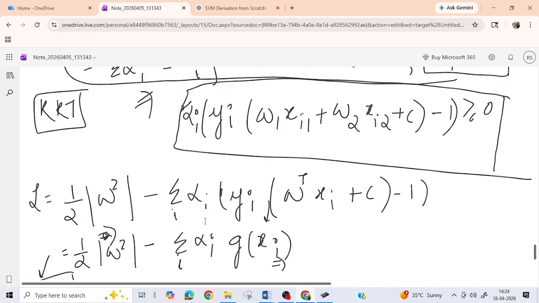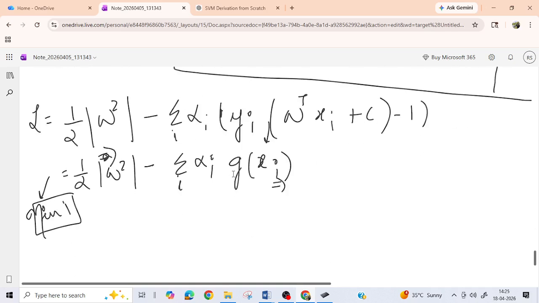We want g(x), which is this, to be greater than or equal to 0. If it is less than 0, then g(xi) would be negative, and negative would become plus, so instead of minimization, it would increase. Therefore g(xi) less than 0 is not acceptable.